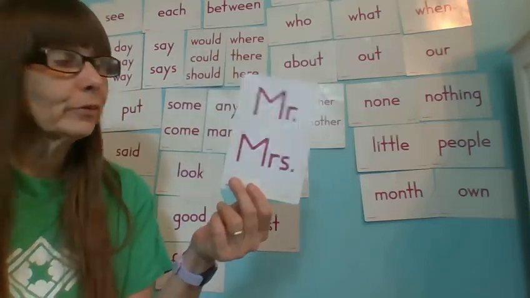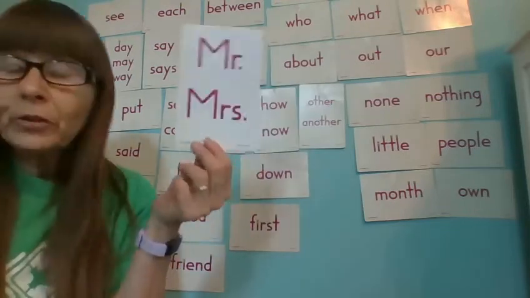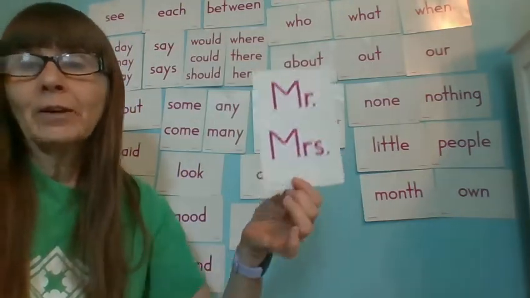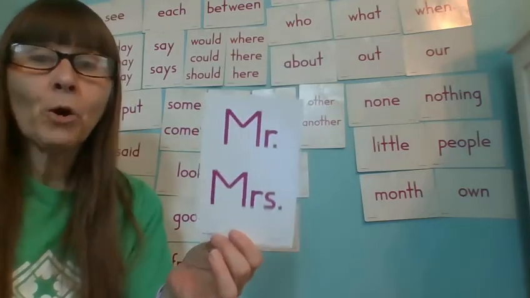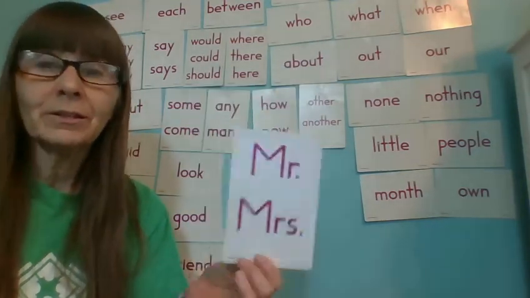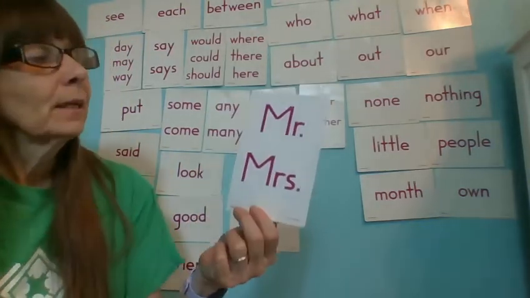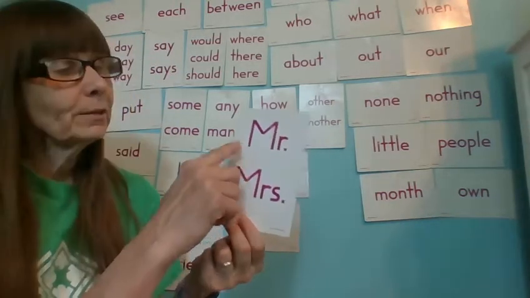Mrs. Guy and Mrs. Crosscomb, or Mrs. Crosscomb and Mrs. Guy. Why there's an R in it, I don't know. I imagine it has something to do with the origins of it, but we want to remember that we're going to do M-R-S. And my hope is that you've seen it enough that it is kind of locked in your brain. So this is Mrs., and this is Mr., which you can hear an R, and it makes sense.